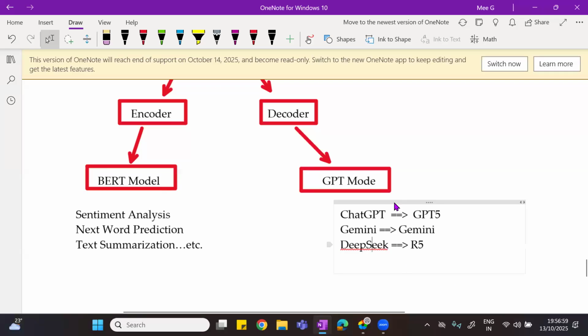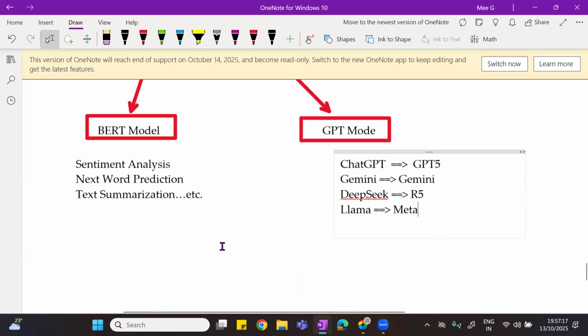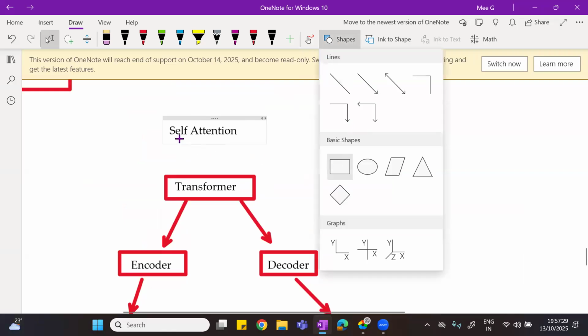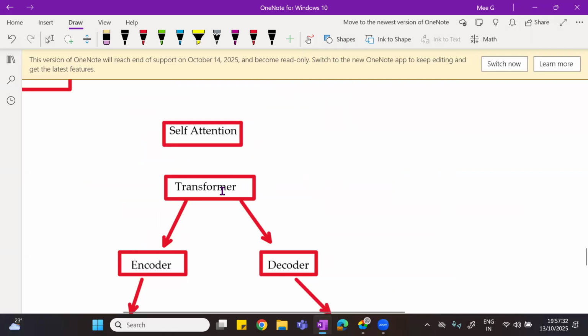Something like this. These are the different GPTs which are used. They are the brains behind this. And there is one more called Llama. This is a Meta product. So these are all the things. And the transformer exists because of self-attention. It's like the heart of your transformer. Self-attention is the heart of your transformer.